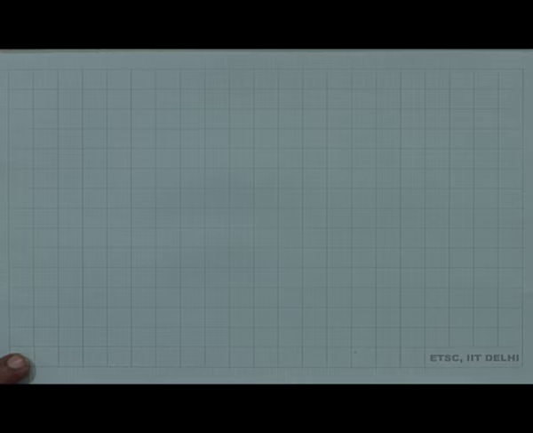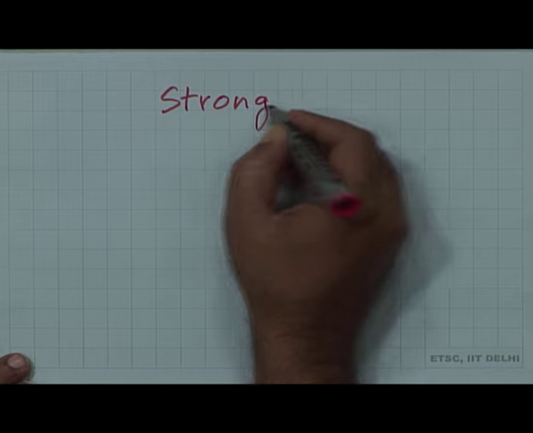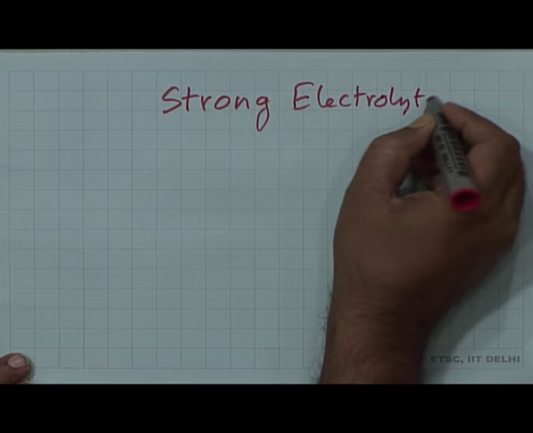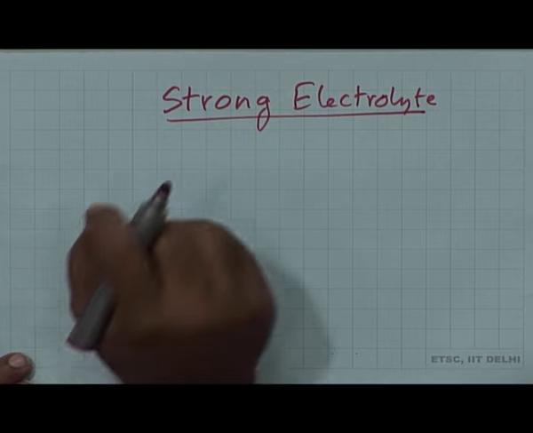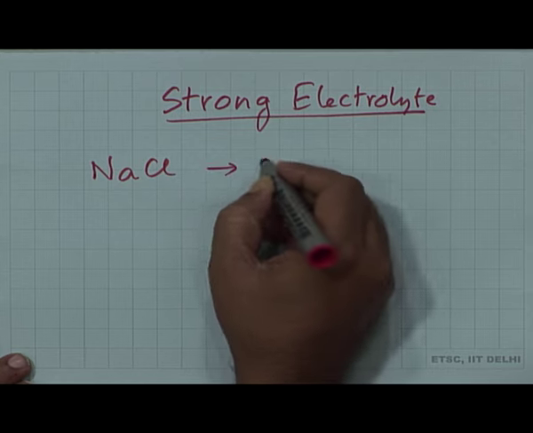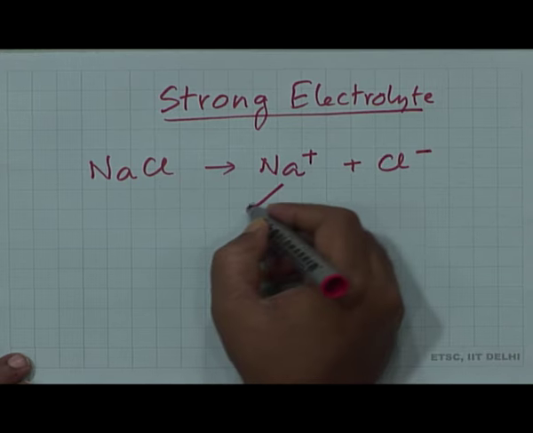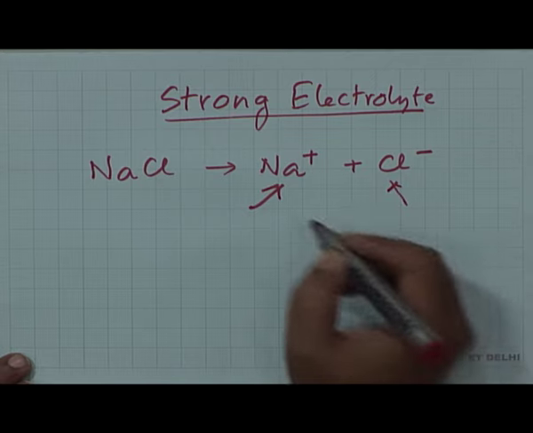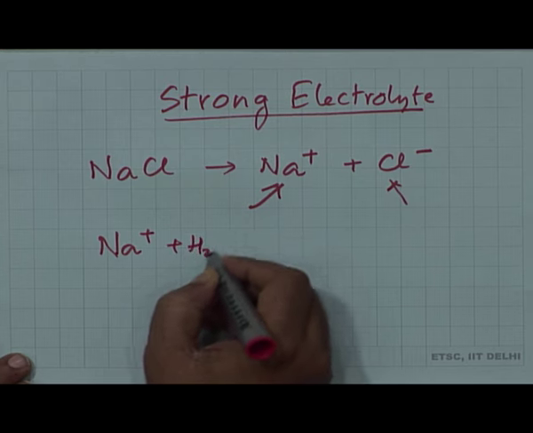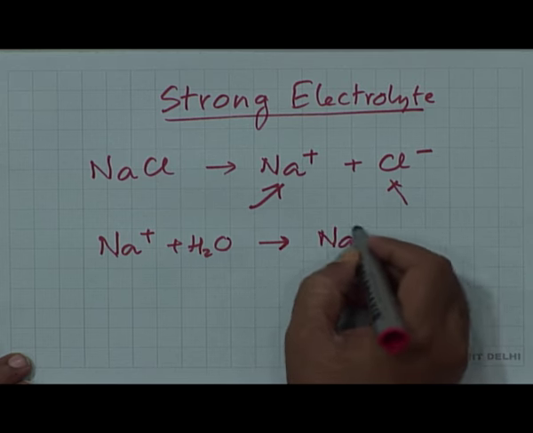Generally, in the case of a strong electrolyte, both the ions, for example Na plus, cation and anion, when they react with water, simply get hydrated.